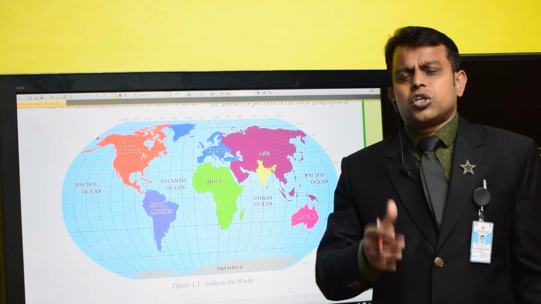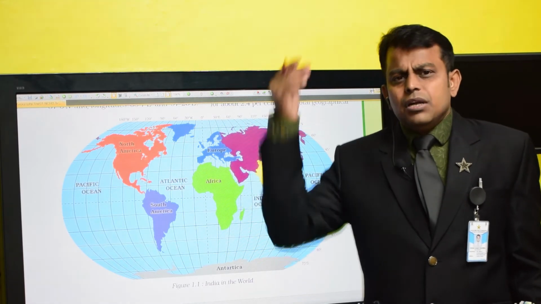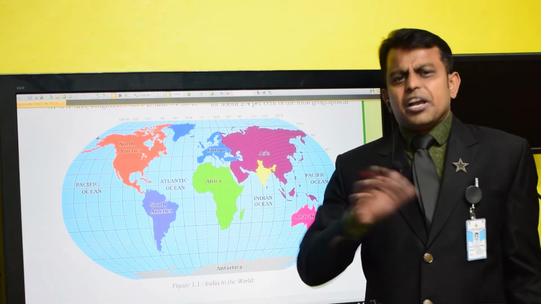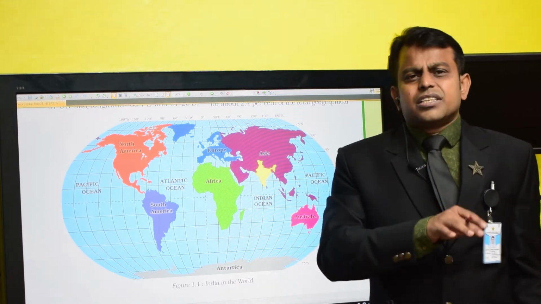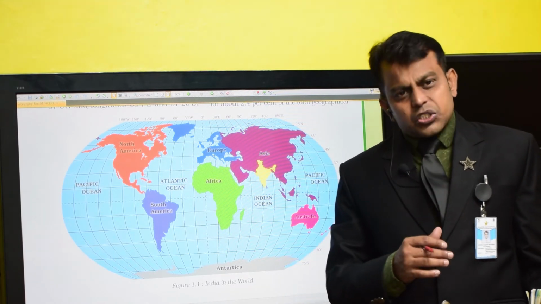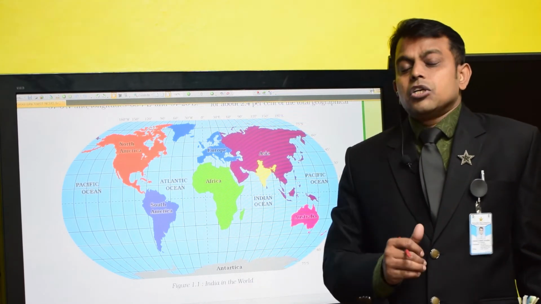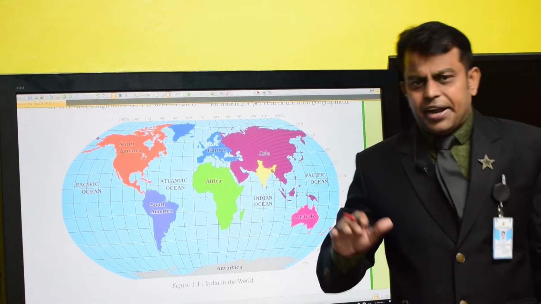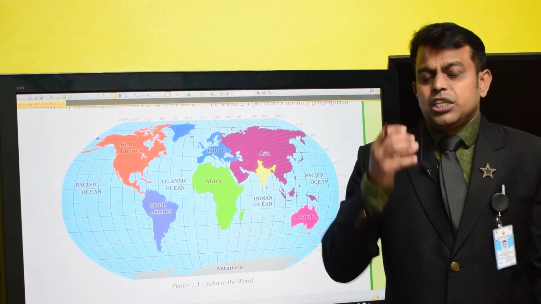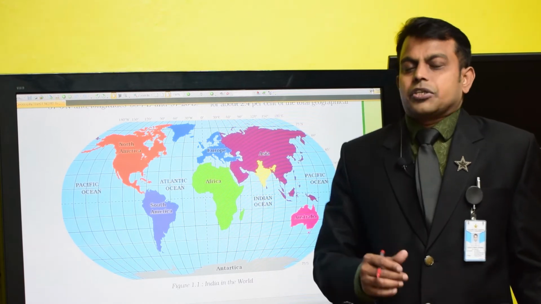Being in the middle position, India can easily access the eastern countries like Japan, Singapore and Korea, and also the western European countries like France, Germany, England and also the United States of America. While being in the Indian Ocean, it is in the middle. So in international trade by sea or ocean navigation, India can access very easily in trade and commerce.